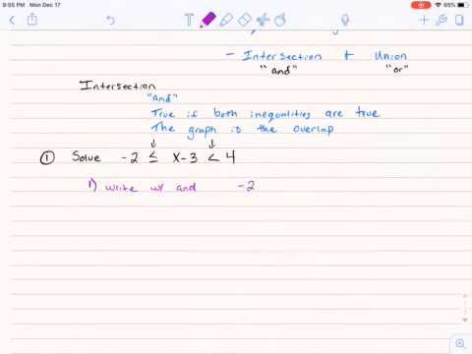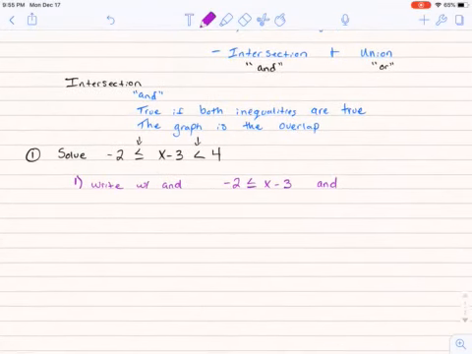First would be -2 is less than or equal to x minus 3. And the second inequality would be x minus 3 is less than 4. Notice I've broken this one inequality into its two pieces.